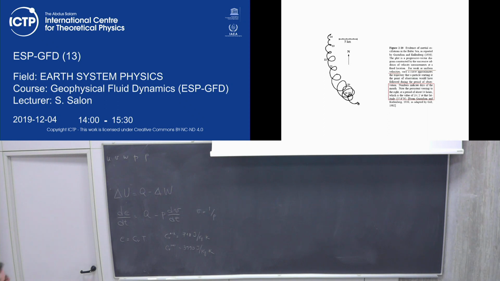So how can we use Q? Usually we will multiply by rho, and we will simply write the variation of heat as diffusion of temperature. Okay? Because a geophysical fluid doesn't have any kind of source.